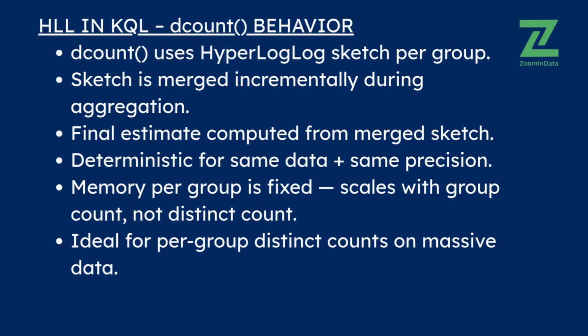Memory per group is fixed, roughly kilobytes, so it scales with the number of groups, cardinality of by clause, not with the number of distinct values. That's why dcount is ideal for per group distinct counts on massive data. Think unique users per hour, per region, per app.